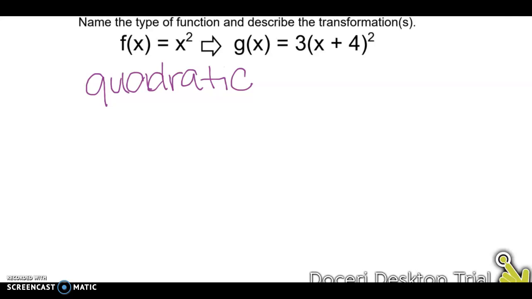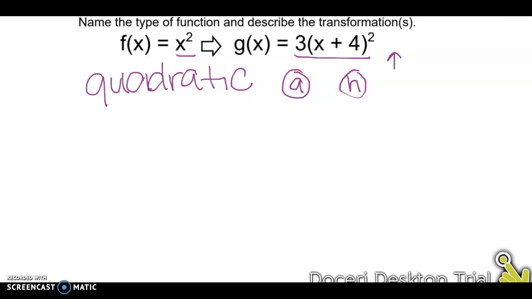Okay, and then what changed? What is different about this function than this one? So we have the x squared here, and we have the x squared here. What is different? We have an a value and we have an h value. Notice there's nothing here for our k value.